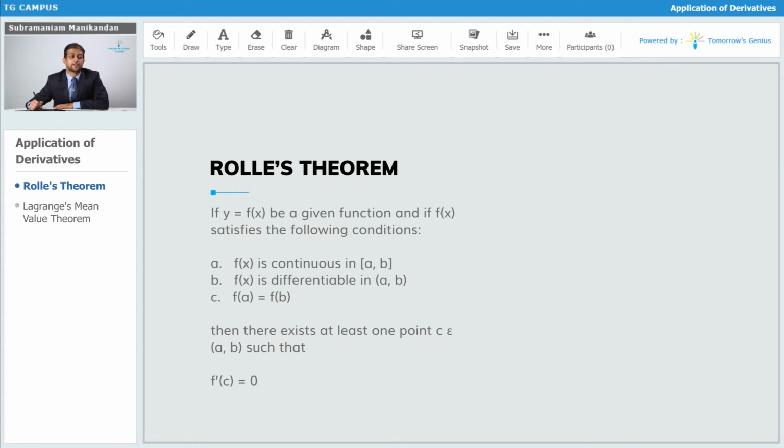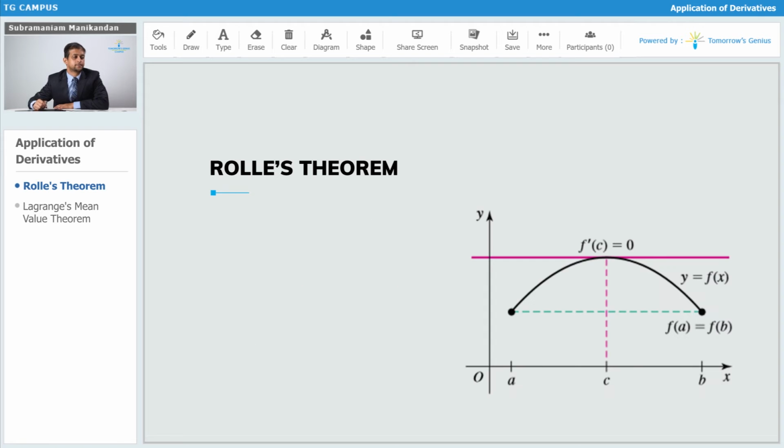How does it look graphically? Let's look at that. So here you have a sample function f(x), and these are the endpoints, x is equal to a and x is equal to b.